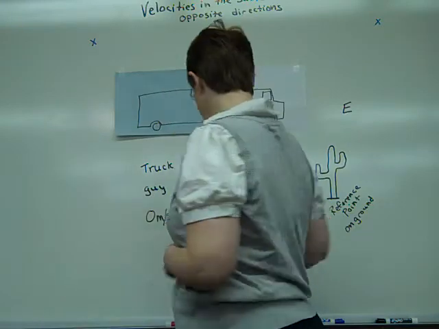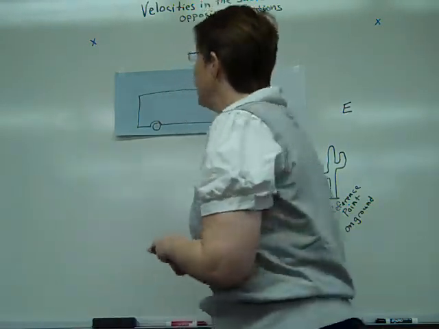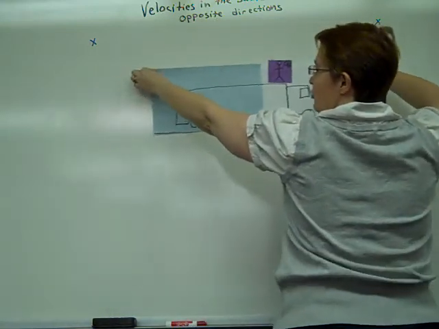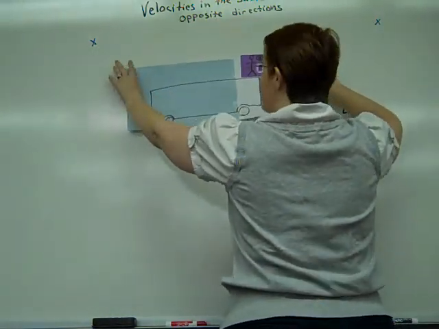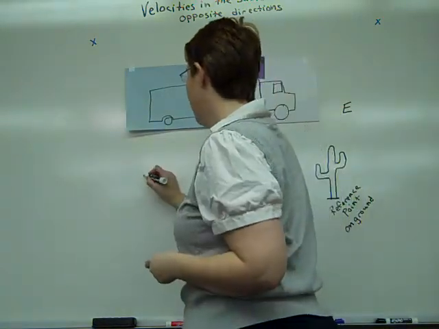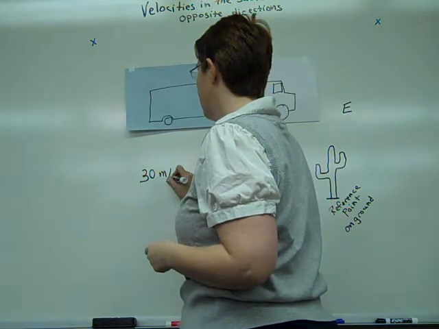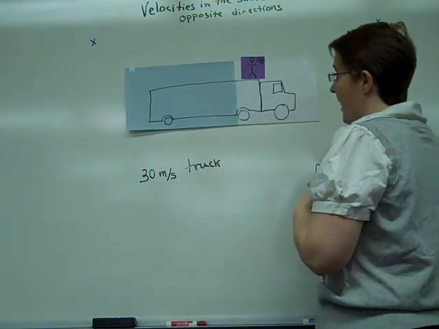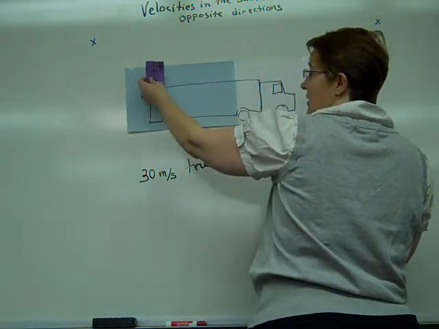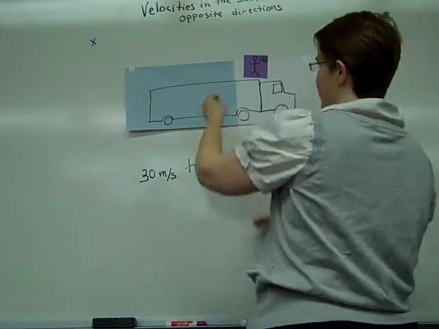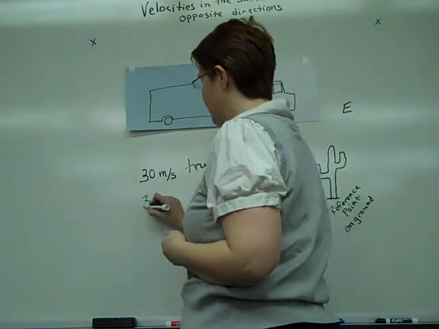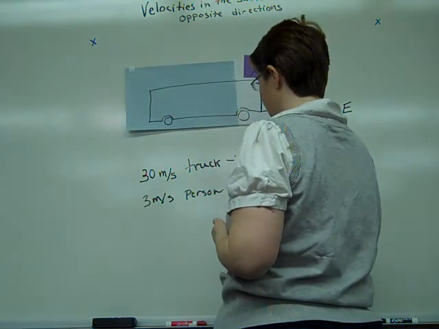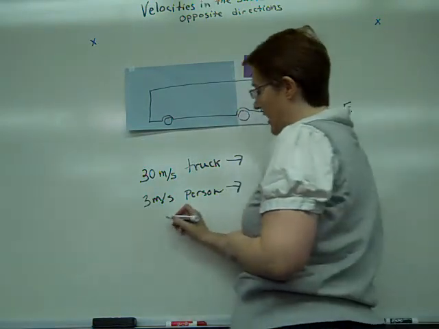But what if he's Indiana Jones? If the truck is traveling at 30 meters per second compared to the cactus, and our guy is going from the back of the truck to the front of the truck at the same time while the truck's moving at 3 meters per second, then they're both going in the same direction and you add them.